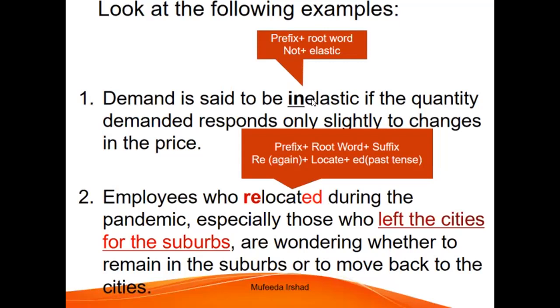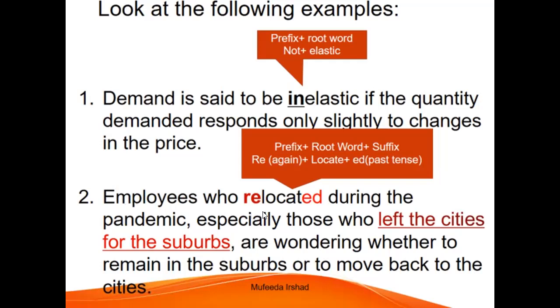Try replacing inelastic with your definition and then read the sentence. Demand is said to be not elastic if the quantity demanded responds only slightly to changes in price. Does it make sense? It does, doesn't it? Right.